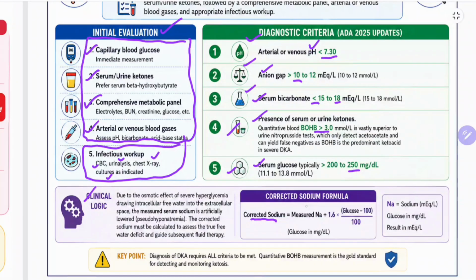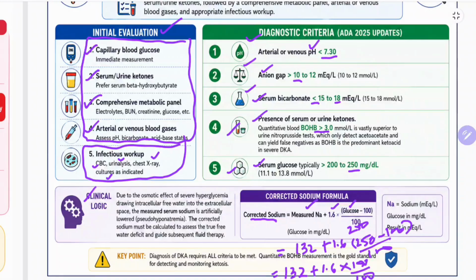How do you calculate? Measured sodium plus 1.6 into glucose level in milligram per deciliter minus 100, divided by 100. For example, if glucose is 250 milligram per deciliter and sodium is, suppose, 132, then it is 132 plus 1.6 into 250 minus 100 divided by 100, then it is 132 plus 1.6 into 150 divided by 100.